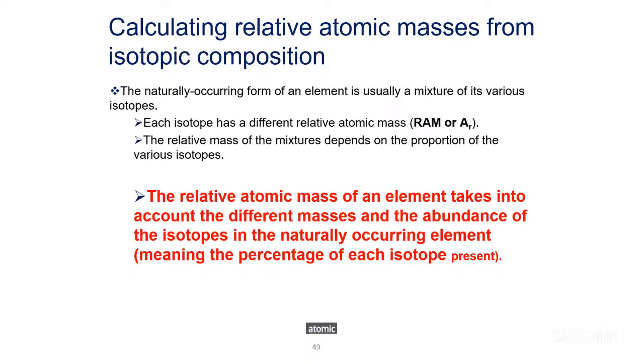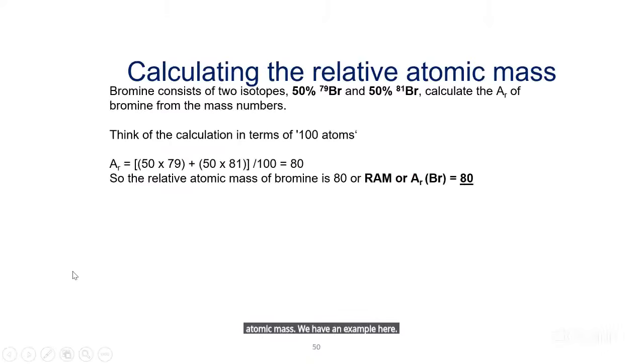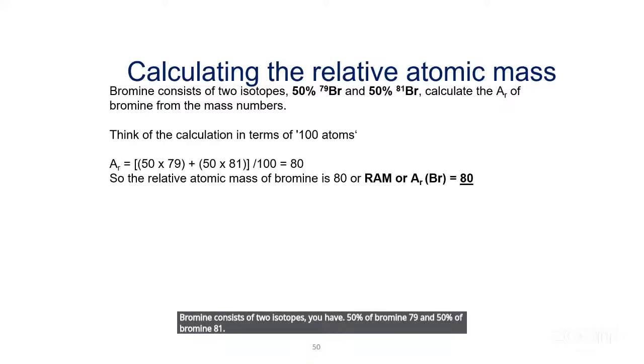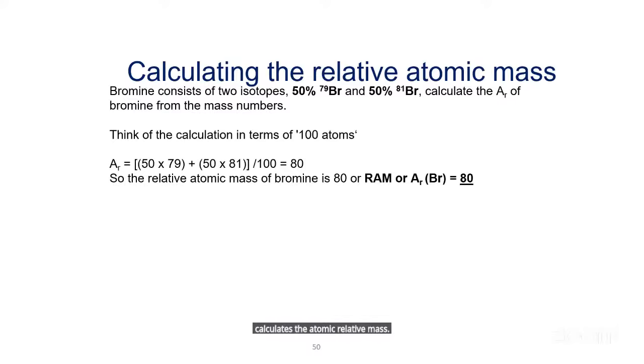We have an example here. Bromine consists of 2 isotopes. You have 50% of bromine 79 and 50% of bromine 81. Calculate the relative atomic mass of bromine from the isotopes. Remember, it is the combination of the isotopic composition, the two of them.